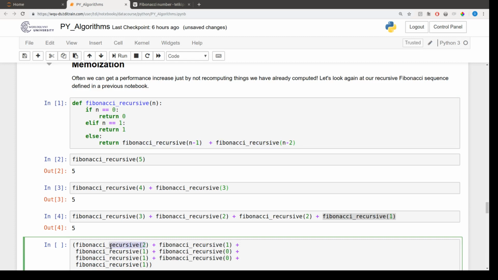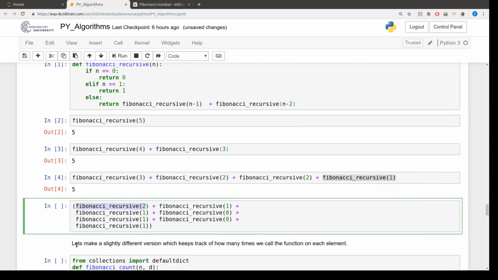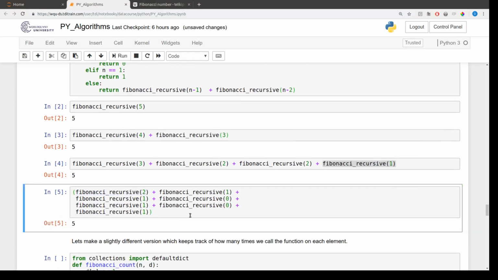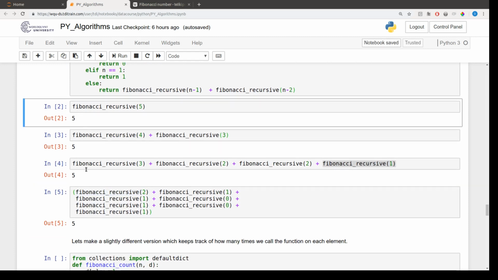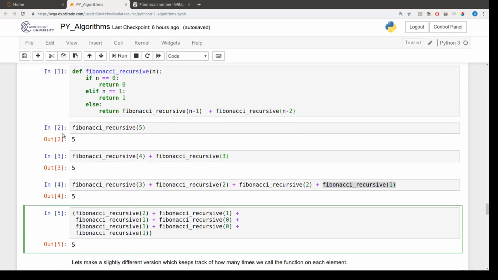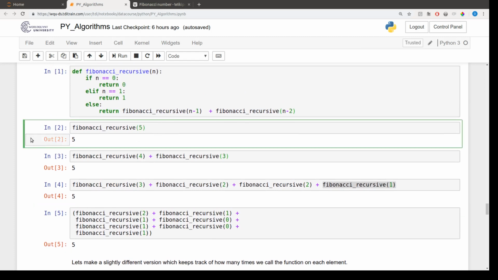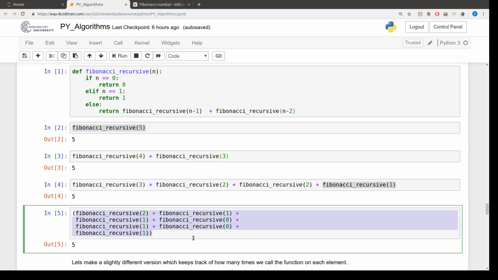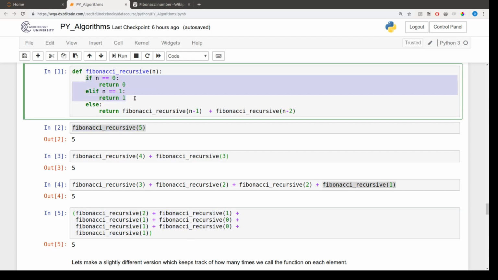This 2 will raise a recursive call, and we'll need to break that one down once again, but I'm not going to expand that out. And we see we get the same answer each time. So this is essentially what's happening when we call Fibonacci 5. It expands out into a set of function calls that eventually resolve to definite results.